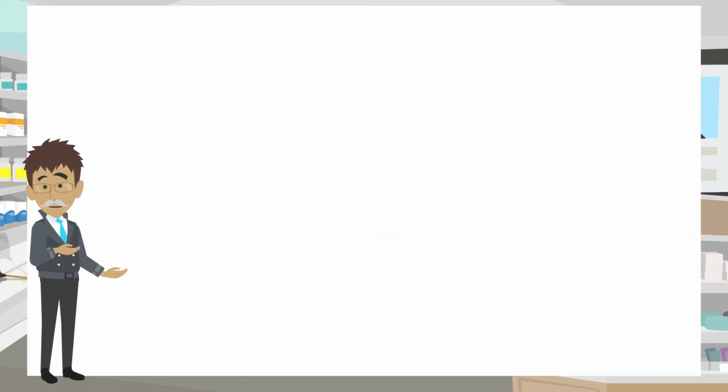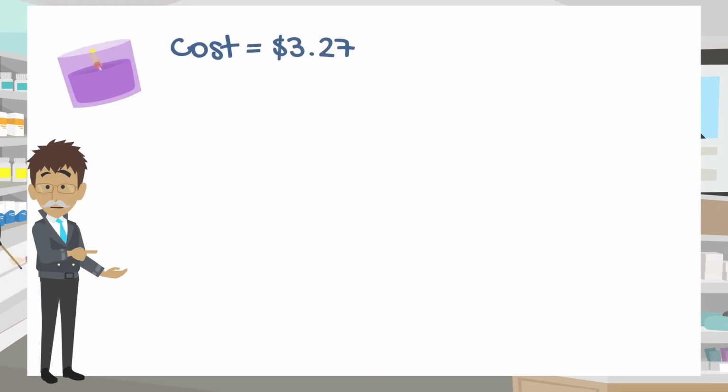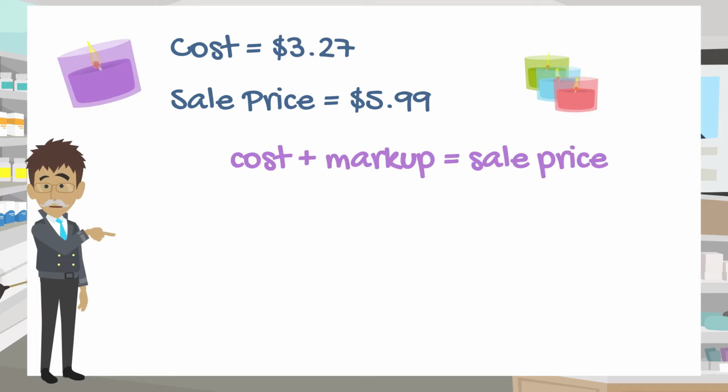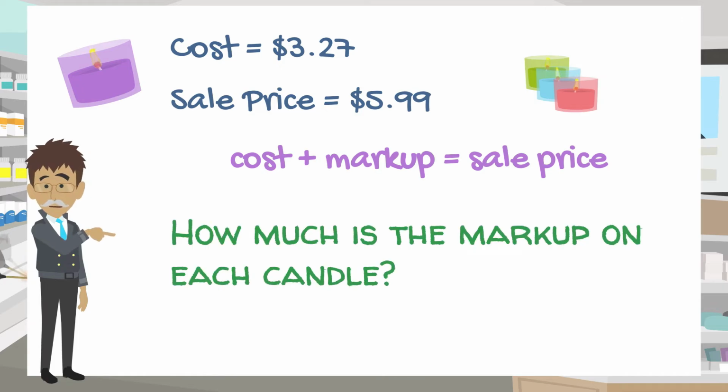The cost of the materials is $3.27 for a standard candle, and the group wants to sell this product for $5.99. The statement, cost plus markup equals price, represents this situation. What is their profit for each candle sold?